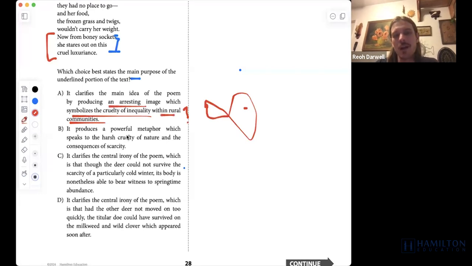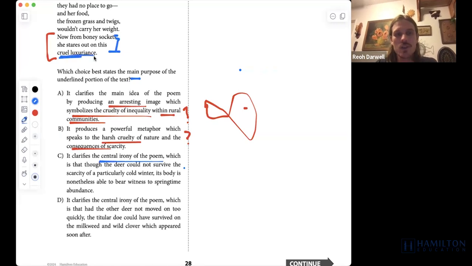So it produces a powerful metaphor which speaks to the harsh cruelty of nature and the consequences of scarcity. I would say that that is maybe perhaps true, but I don't think that it is our best answer when we see that C clarifies that main purpose even better, right? We have the central irony of the poem.